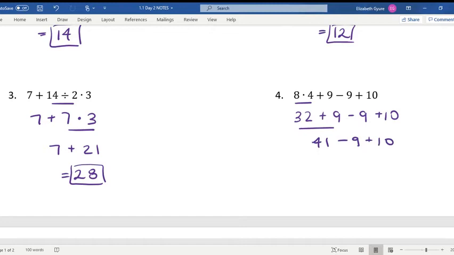Then what? Hannah? 41 minus 9, which is going to give us 32. Add your 10, and you're going to get a final answer of 42. Good.